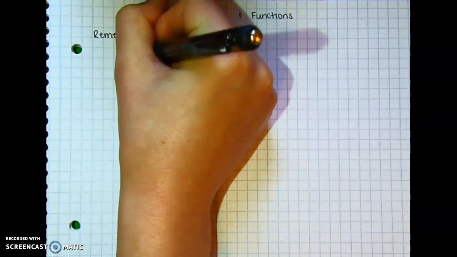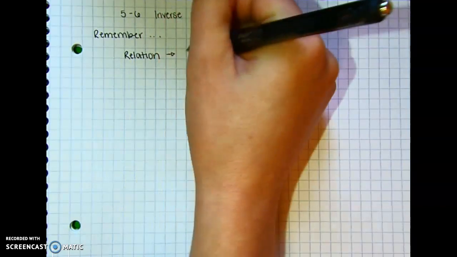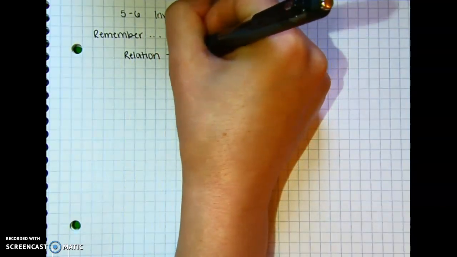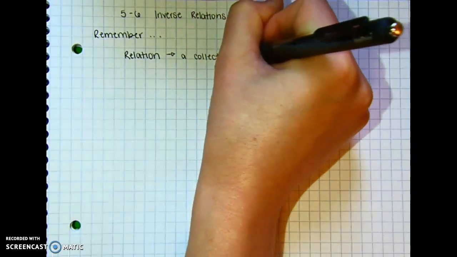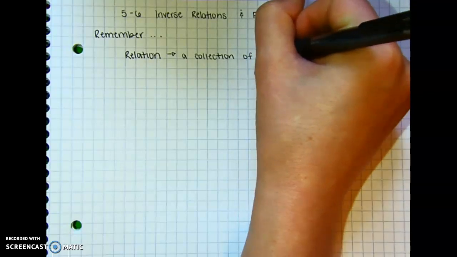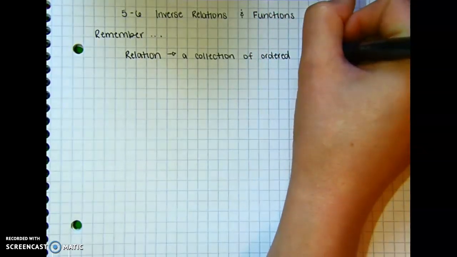Relation, which kind of sounds like relationship, is a collection of ordered pairs. A collection of ordered pairs.